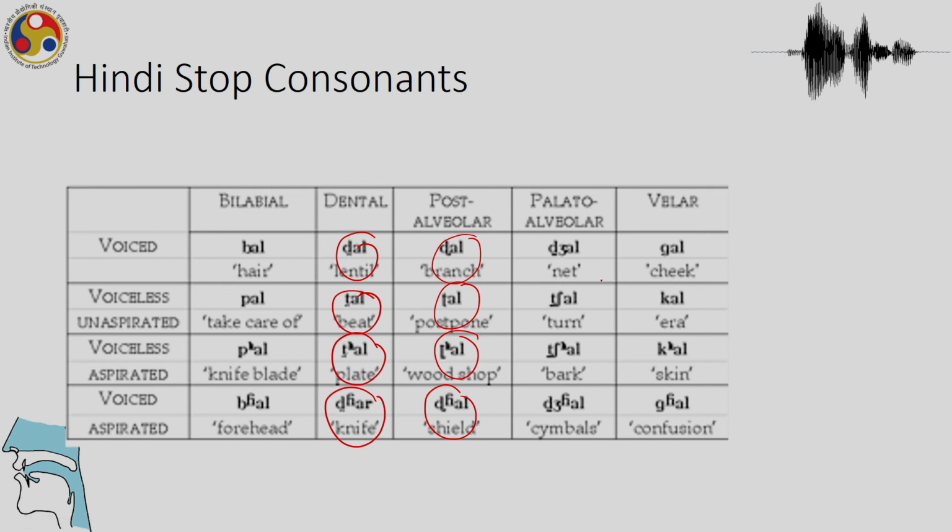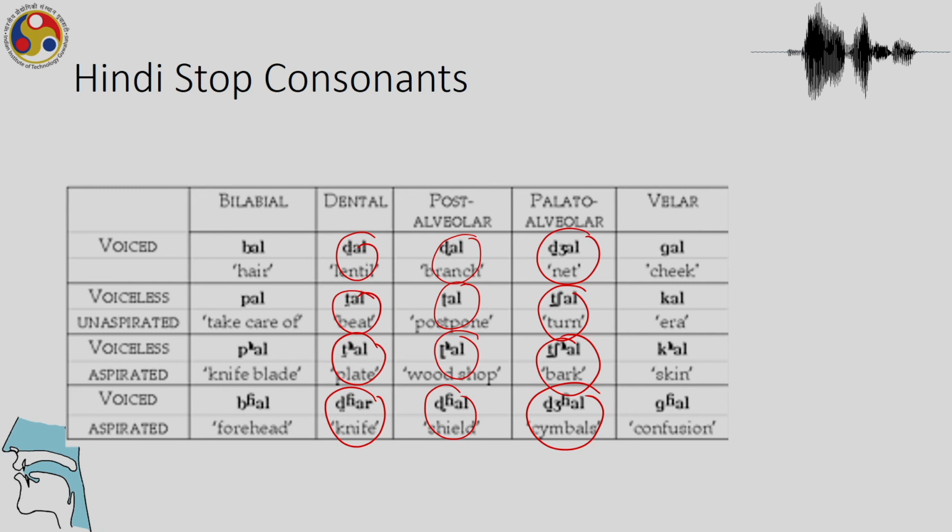As we know, affricates are a sort of combination of two manners of articulation. Here you would have a stop and a fricative. And note that along with being palato-alveolar in Hindi, they can also be retroflex. So we have voiced, voiceless unaspirated, voiceless aspirated, and voiced aspirated.